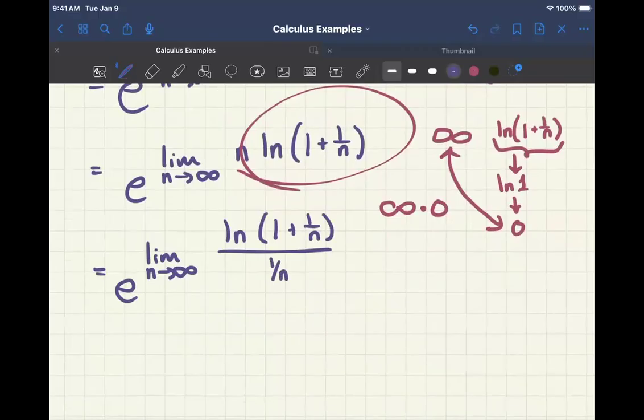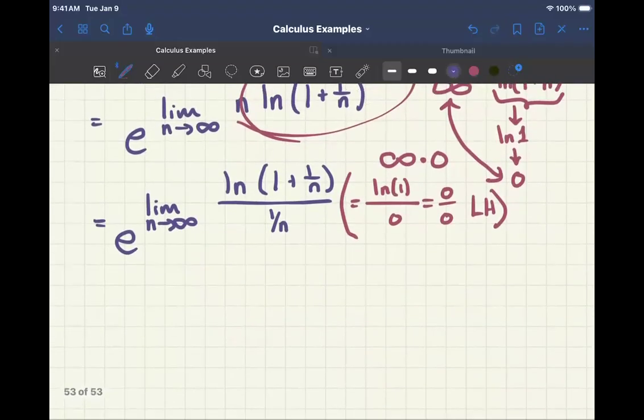And so now what we see is if we took our limit to infinity, we'd get natural log of 1 over 0, which would be 0 over 0, which means we have a setup for L'Hopital's rule, which is fantastic because that is exactly what we want to do. So we're going to L-hop this. And we're just going to write NLH on there to let everybody know we are taking L'Hopital's rule.